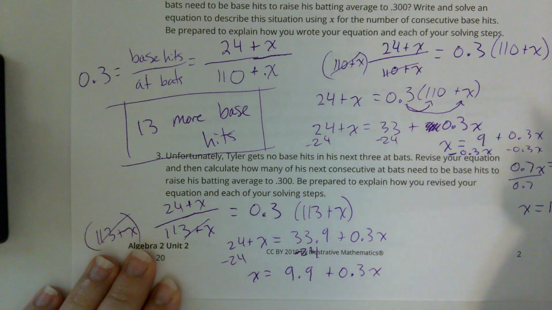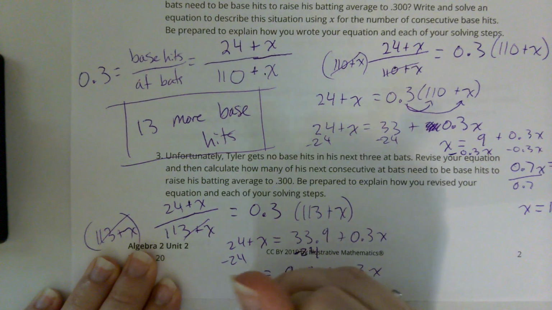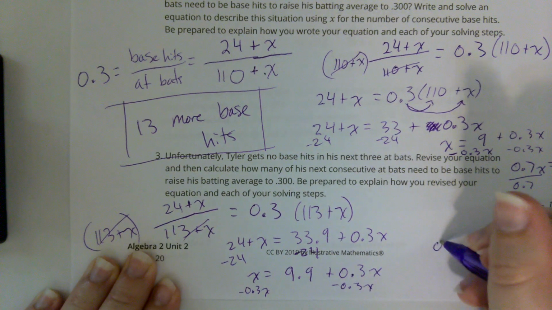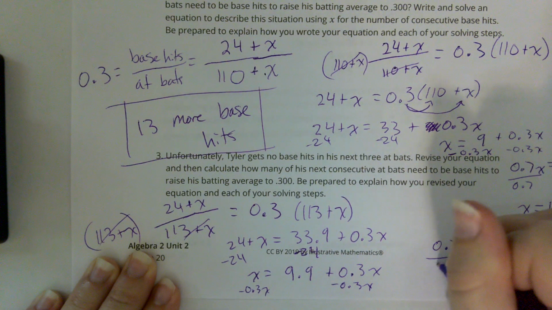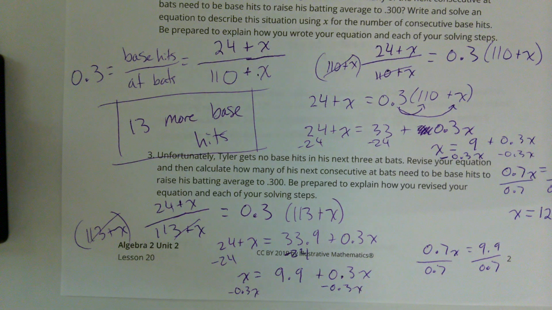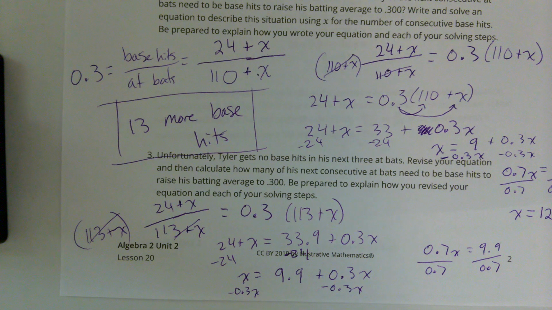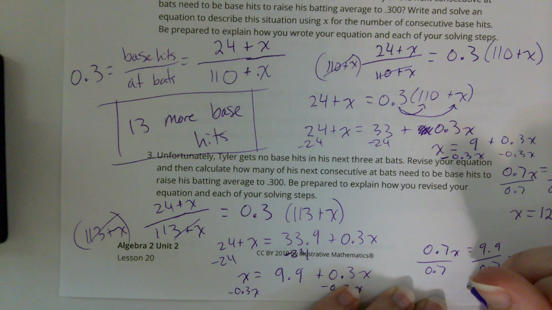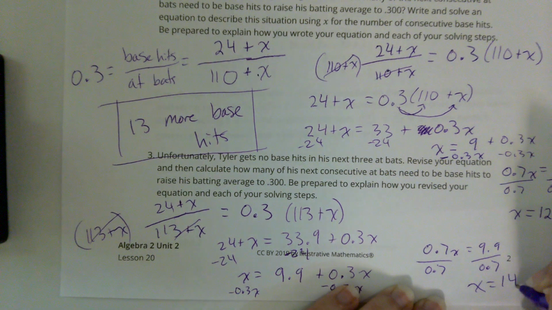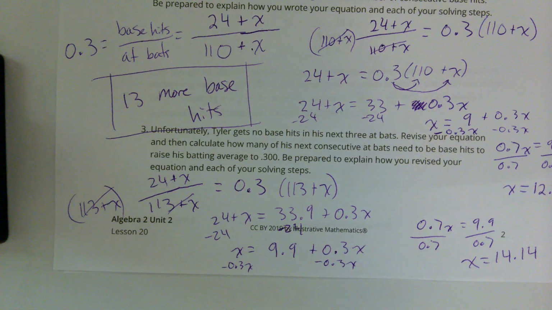And then subtract 0.3x. So we get 0.7x equals 9.9, then divide by 0.7, and you will get 14.14.